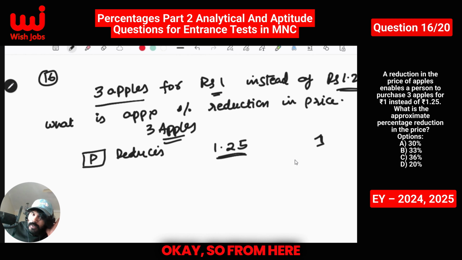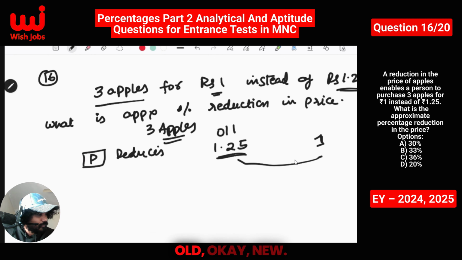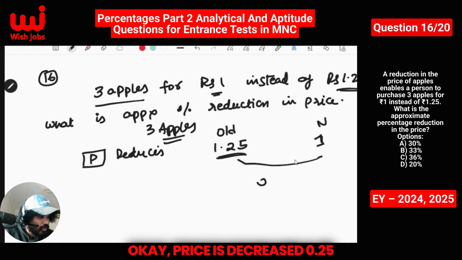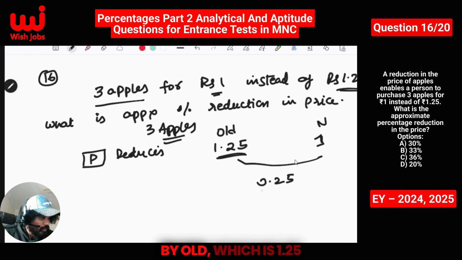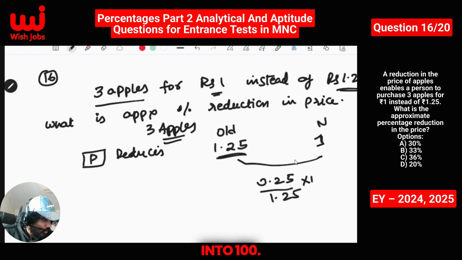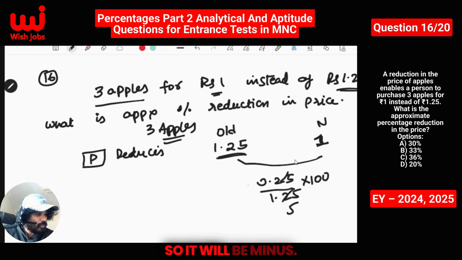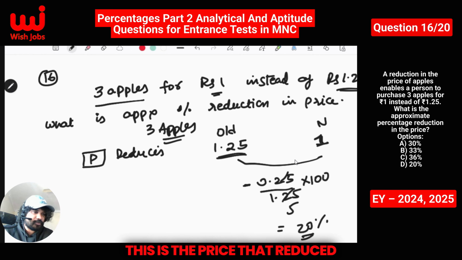From here you can understand how much the price is reduced. The difference between old and new price, decreased 0.25 by old, which is 1.25, into 100. So 1 by 5, equal to 20%. This is the price that reduced for 3 apples purchased at 1.25 to 1.